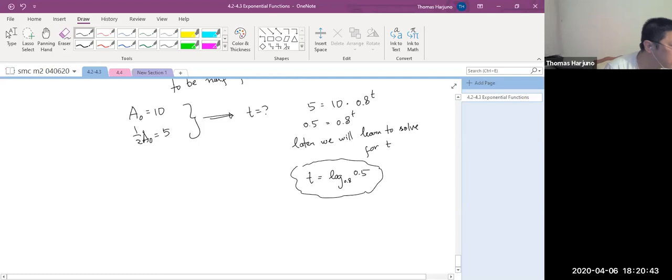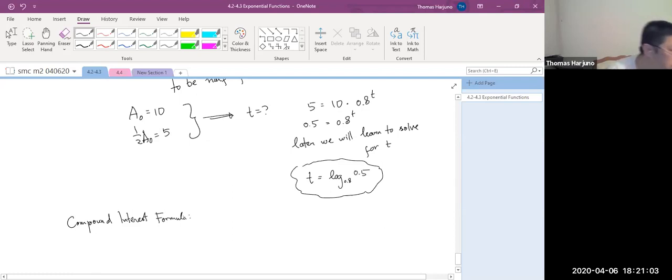Okay. Another thing from this section 4.2 is how to apply this to money. Compound interest formula.